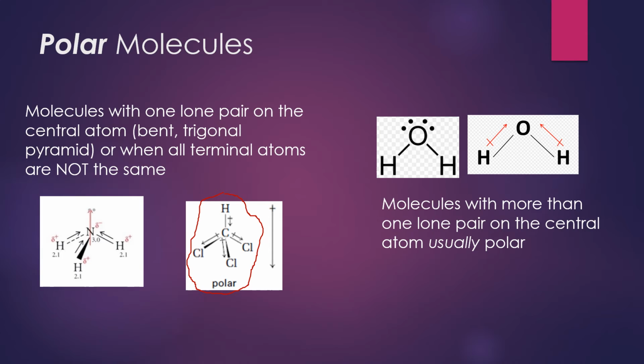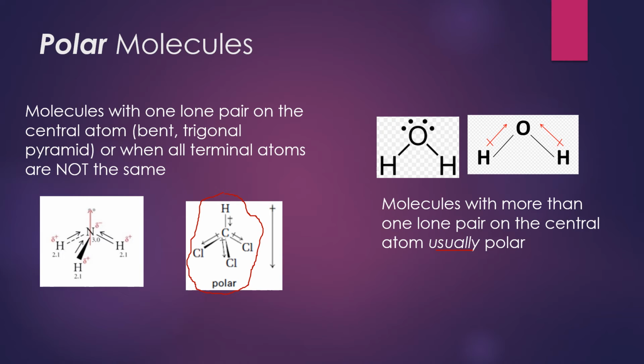The next rule says molecules with more than one lone pair on the central atom are usually polar. So most of the time, 90% of the time, but there are some exceptions. Water is not an exception. Water is a polar molecule. You can see in the example, there are 2 lone pairs on that central atom of oxygen, making it polar.